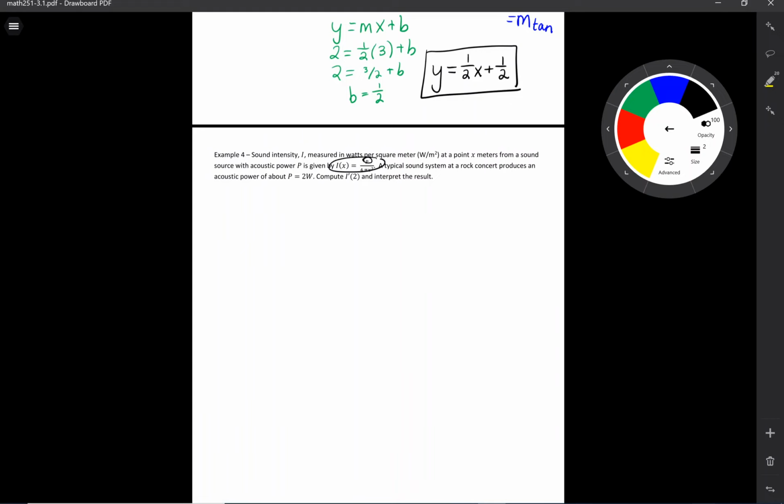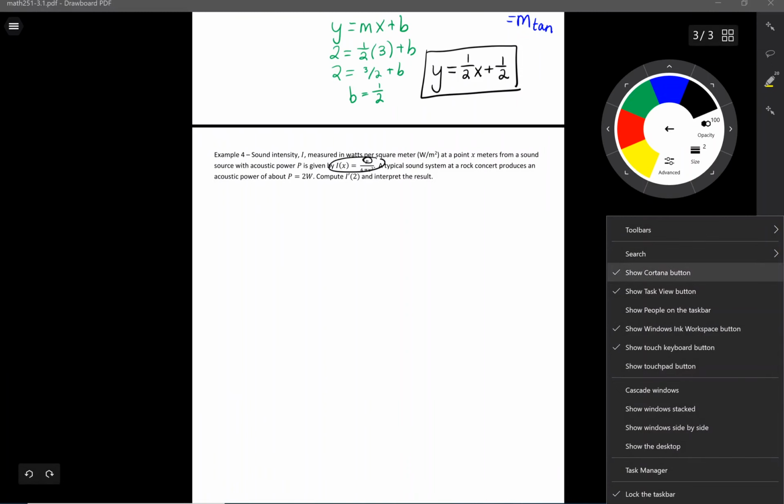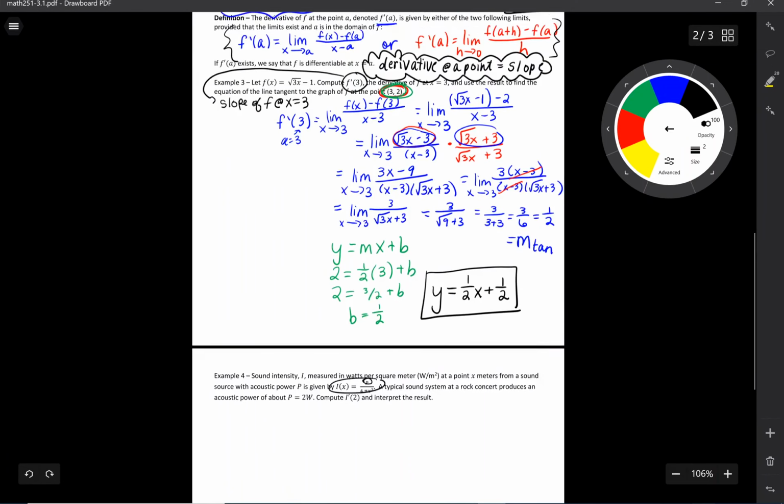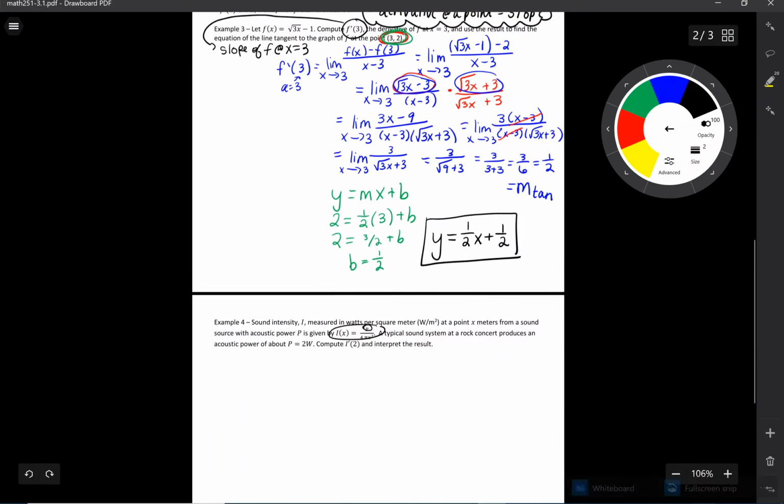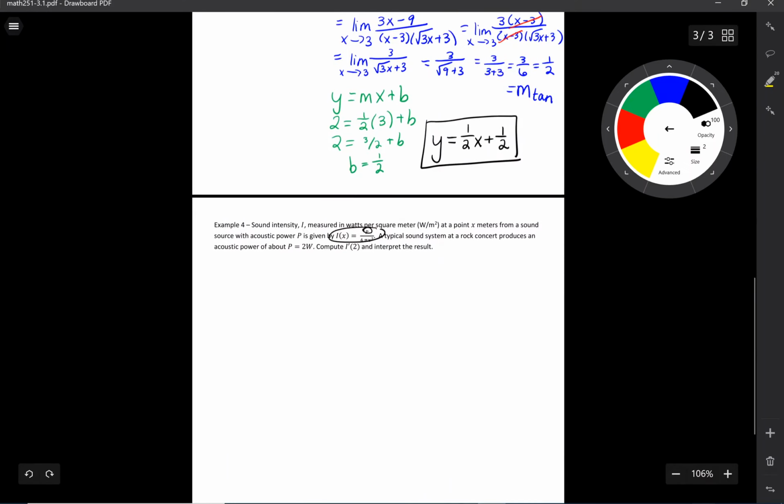So I'm going to find the derivative at the point 2 of I. And I'm going to use the second definition of our limit here, where h goes to 0. So I want to find I prime of 2.